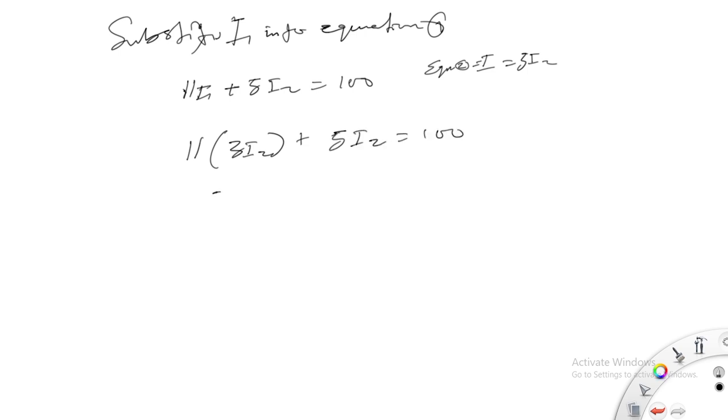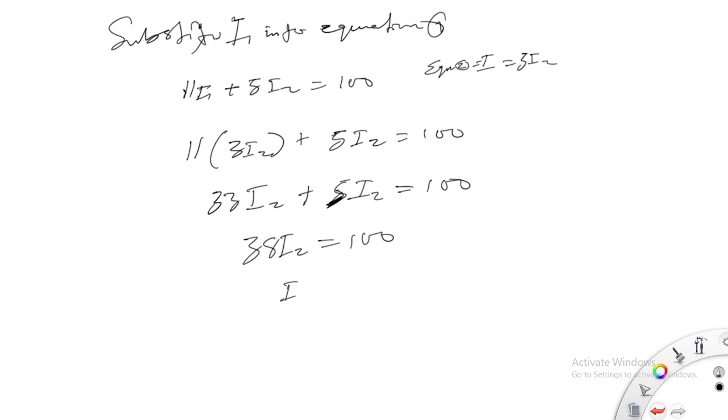So we have 33 I2 plus 5 I2 is equal to 100. So we have 38 I2 is equal to 100.